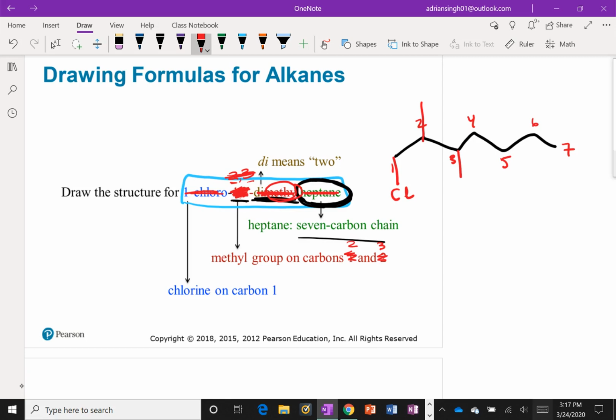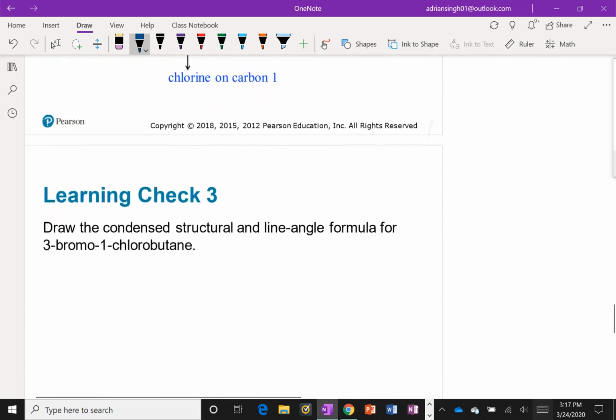You'll notice here, if you were to leave that chlorine out, what we automatically assume is that there's a carbon right here. So if there's anything other than a carbon, you have to explicitly write that in. So that's a chlorine, a Cl, that should be on that position. And that's your structure for that name.